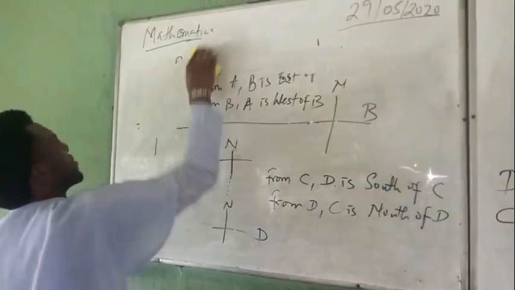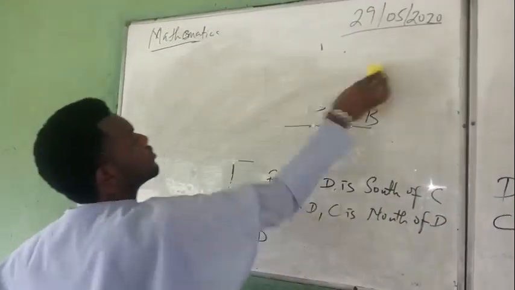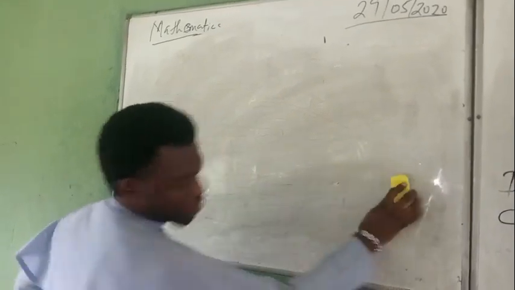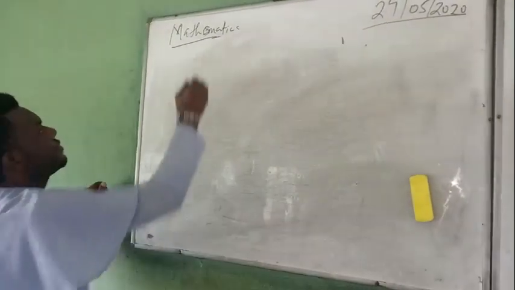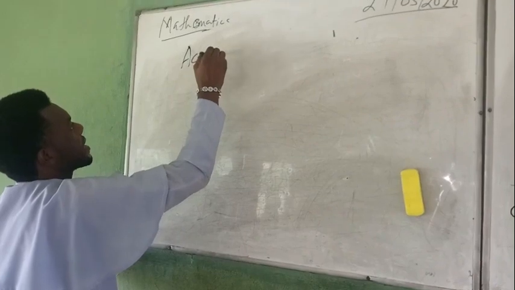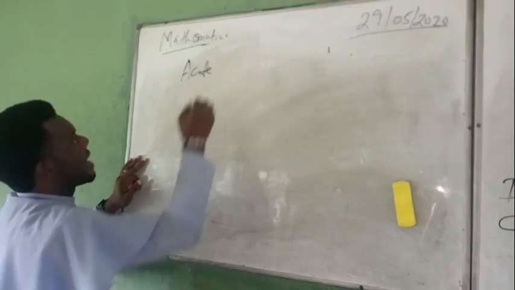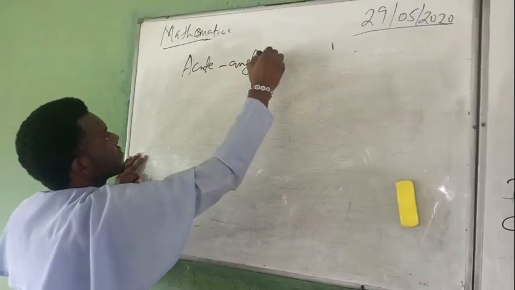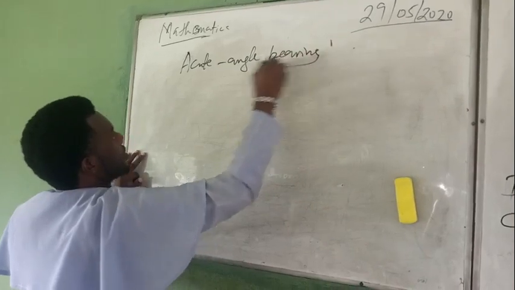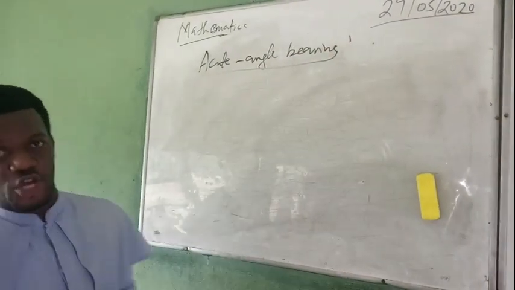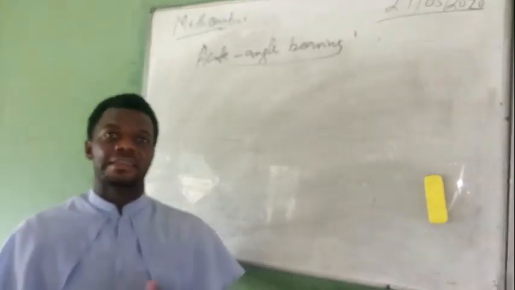Now we move further to another topic, which we call the acute angle bearing. In your JSS 1, you were made to know about acute angles.